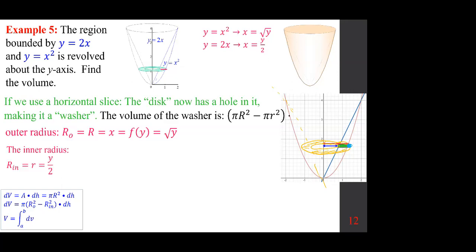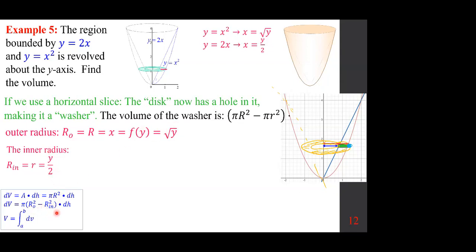So R out is the x coordinate for the curve, which is square root of y, and R in, this point, is the x coordinate of the line, which is y over 2. And so sticking with that, pi times R out squared, minus R in squared, times dh.